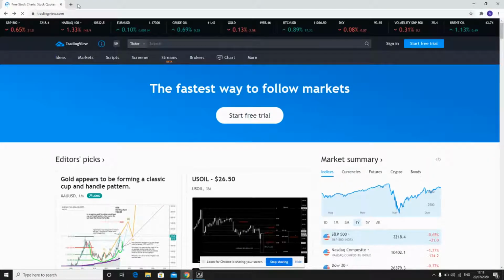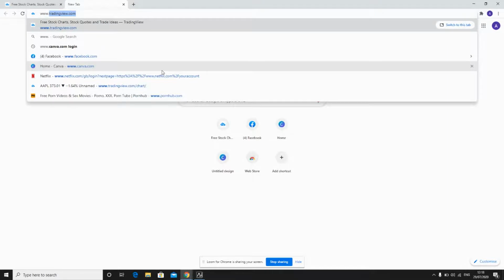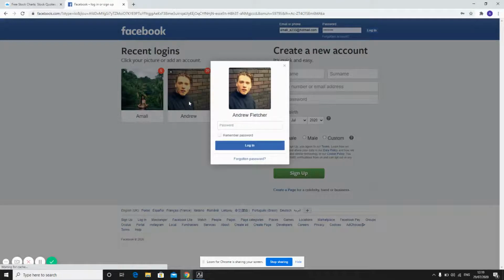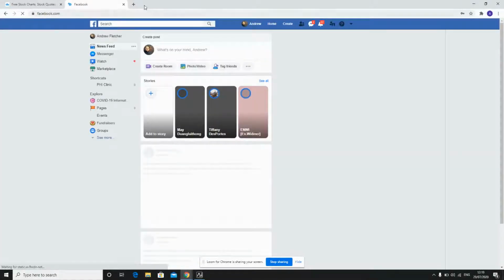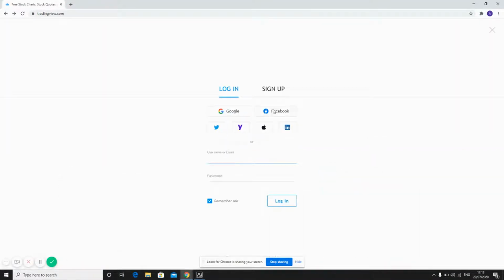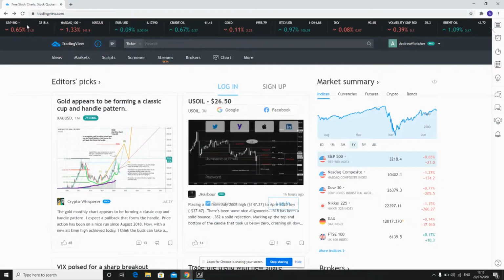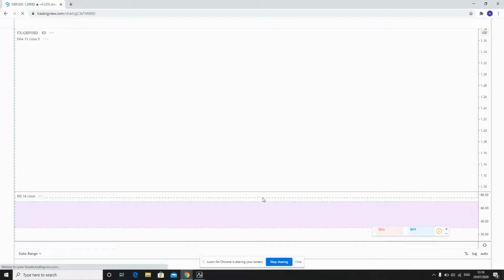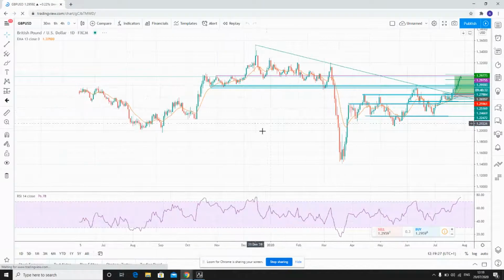But yeah, guys, that's going to be the basic concept of that. I'm very sorry about this. Sign out, log out. There we go. Sorry about that, guys. A little bit of a nuisance. TradingView is super annoying in the fact that you can only sign in on one user at a time.